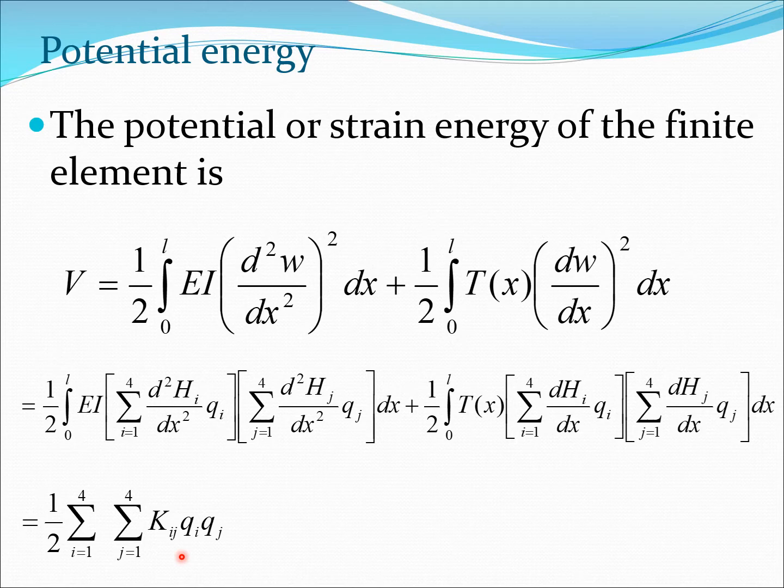So K refers to the stiffness matrix, M typically refers to the mass matrix. So now you can clearly see that K would involve terms such as EI into the second derivative of the shape functions, and the second part would be T into the first derivative of the shape functions, and the integrals would be from 0 to L.